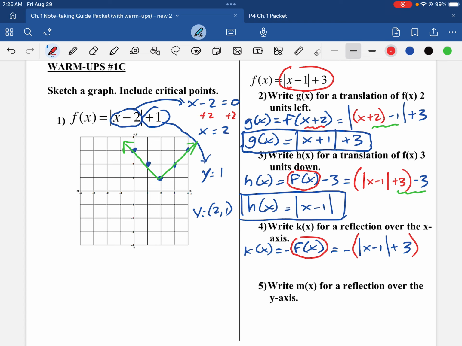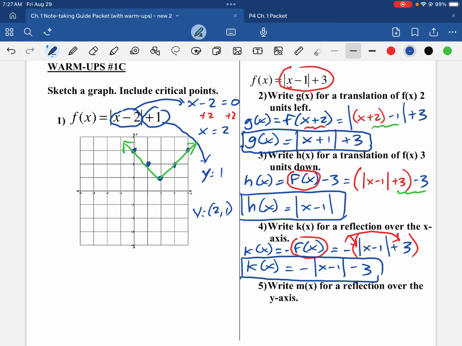So when we distribute this negative, we can't distribute inside the absolute value, so there is going to be a negative in front of the absolute value. But also we want to change the sign of the 3 because we can distribute a negative out there, and that's what we want to do. So I've got negative absolute value of x minus 1 minus 3, not plus 3. Okay, so you want to change the sign of the absolute value part, but then also of the 3 that's hanging out at the end as well.